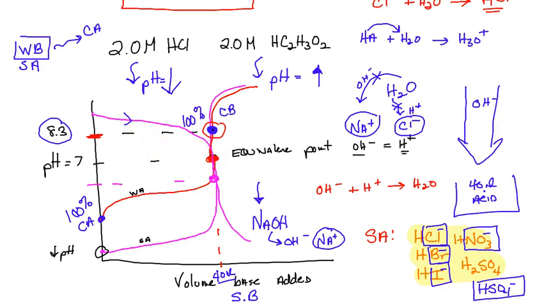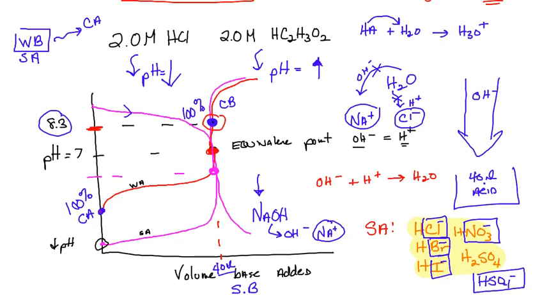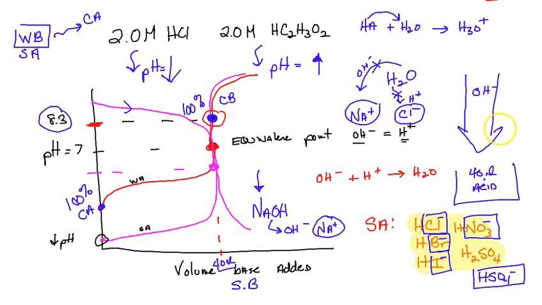So where the AP is going a lot, they're doing fewer calculations and more explaining. You should be able to explain why the equivalence point is at 7 for a strong acid, strong base, and why the equivalence point is above 7 or below 7. And it's all about the conjugate acid and conjugate base that's made for the weak base or weak acid at the end.